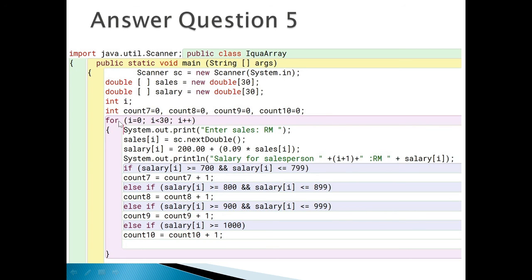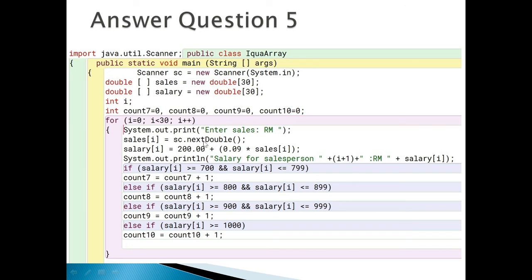Then create your for loop. Inside the first for loop, we input the value inside the array, then calculate using the formula and assign it to the array salary. So these 2 arrays will be filled with numbers.